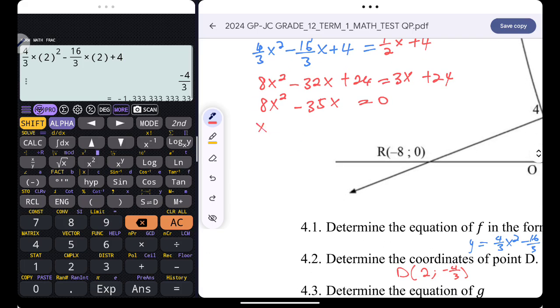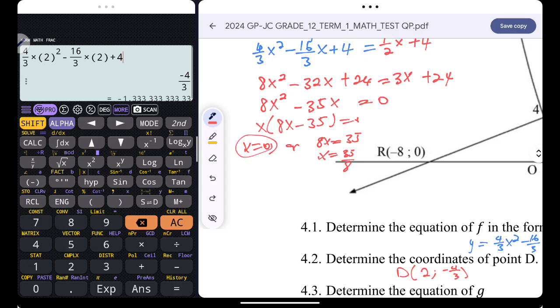I can take out a common factor there. I have x, and I'll be left with 8x minus 35. So which simply means that x can be 0, or 8x is equal to 35. Then x is just 35 over 8.